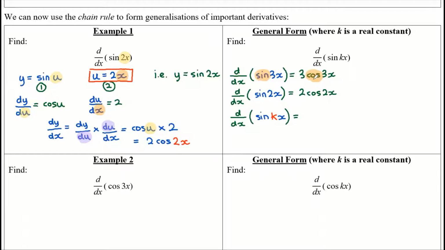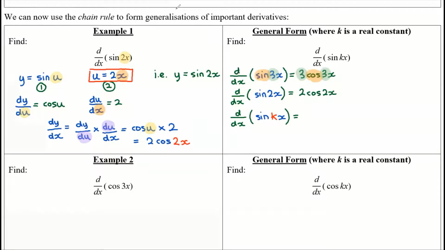But it also looks as if the coefficient in front of the x migrates to the front, without disturbing anything going on inside the function. We retain the 3x or the 2x inside the function, but that coefficient, the 3 or the 2, migrates to the front and multiplies the whole function.